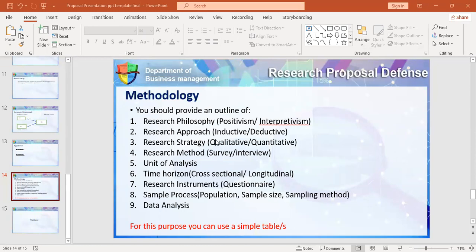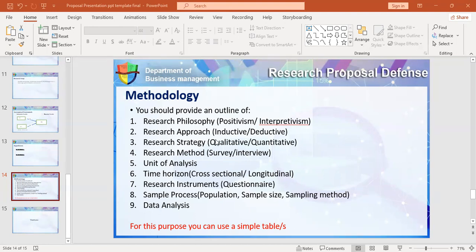Next, children, time horizon. Cross-sectional means we are going to collect data from a selected sample in a given time. For example, within a week or 2 weeks, we are going to collect data from a sample or a group of people. That is cross-sectional. Longitudinal means we are going to observe the same object for a long period.